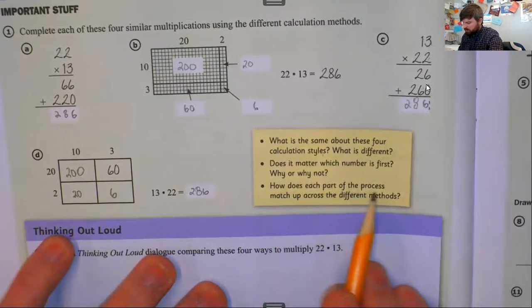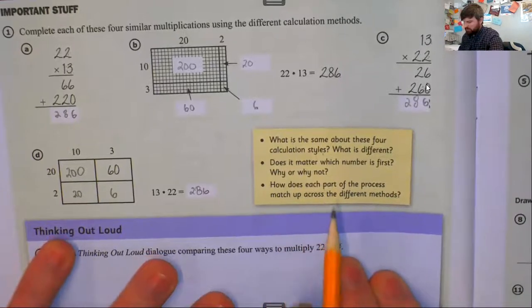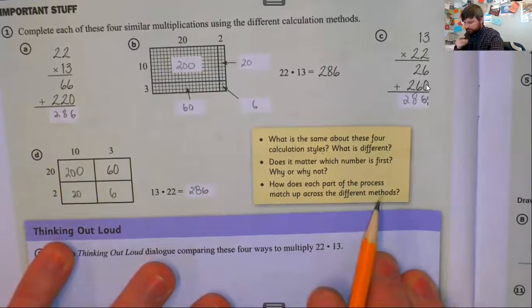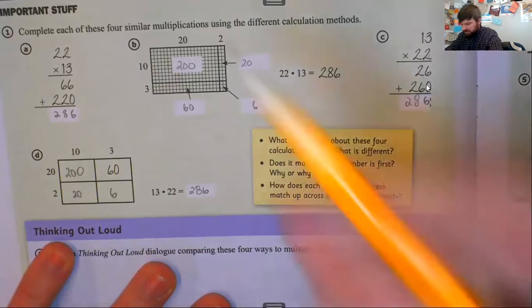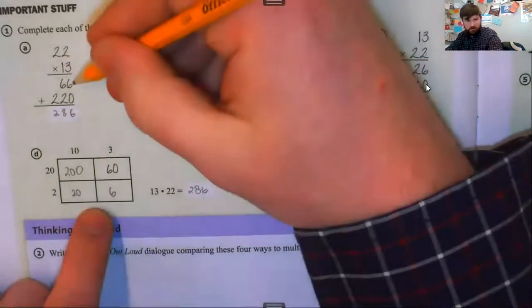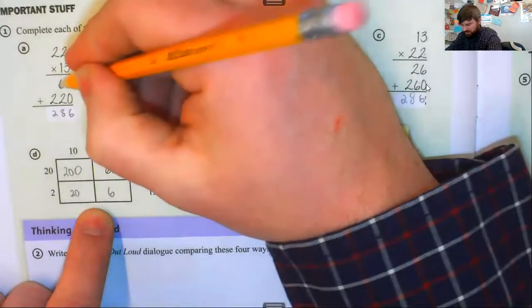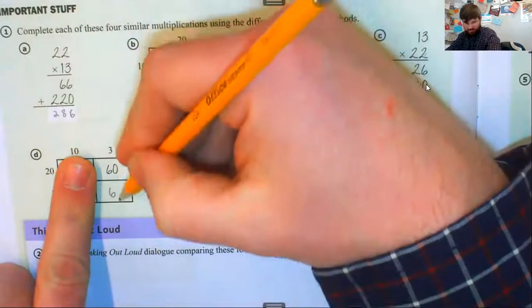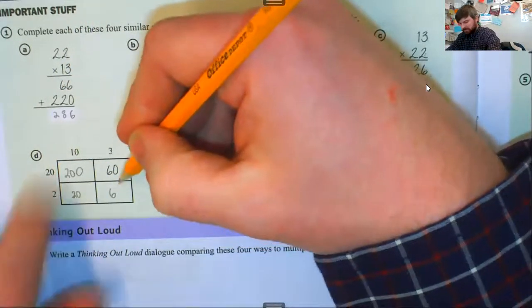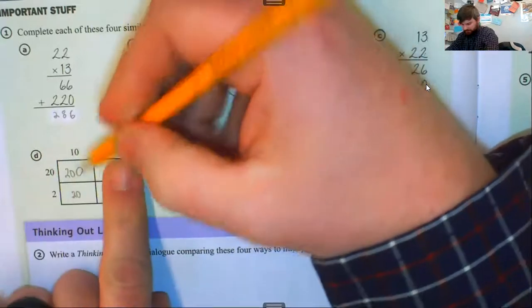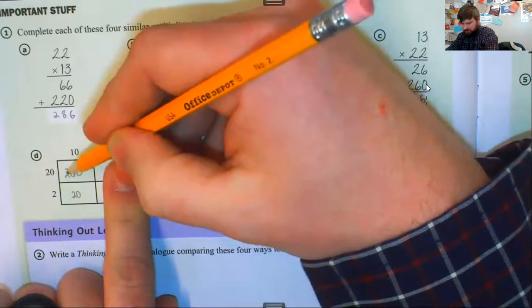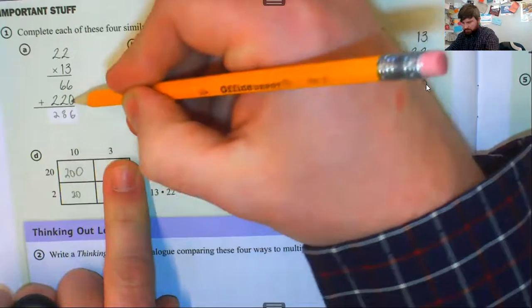How does each part of the process match up across different methods? You're still getting the same numbers. If we compare these two right here, here I have a 66. Well, right here I have 6 and 60, which is 66. Over here I have 220, which is 220 right there.